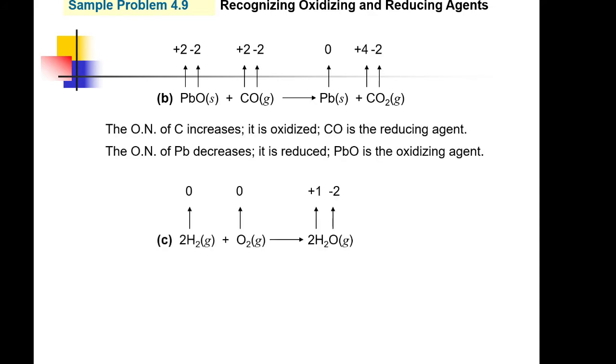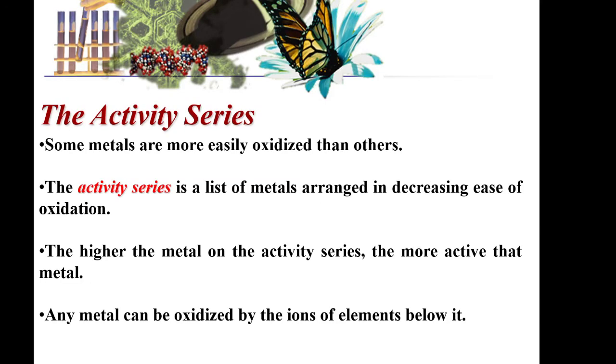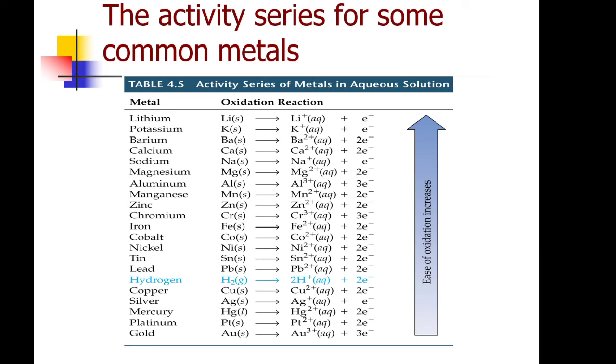I just want to point out one thing. At the beginning of the lecture on redox, I placed iron and copper and the iron disappears. There's something known as the activity series. Whatever's on top can be oxidized by what's below.